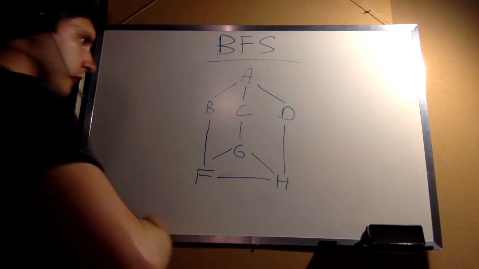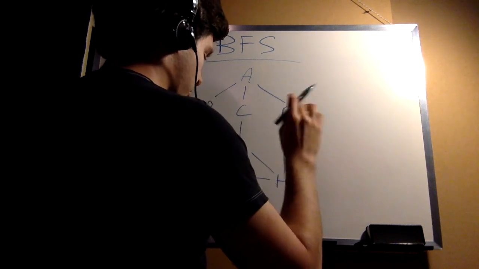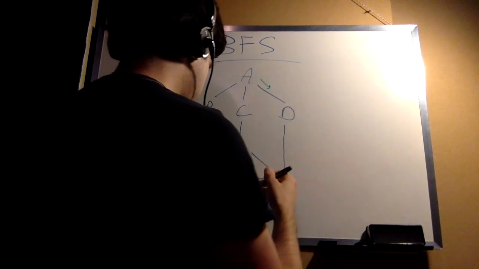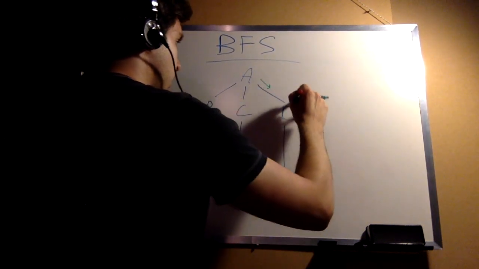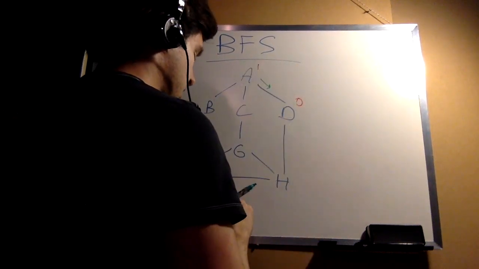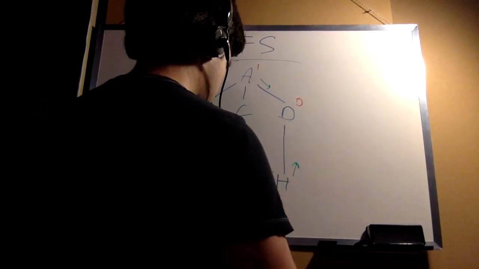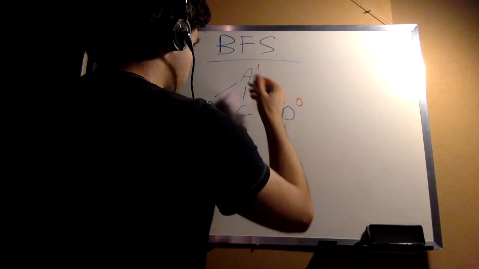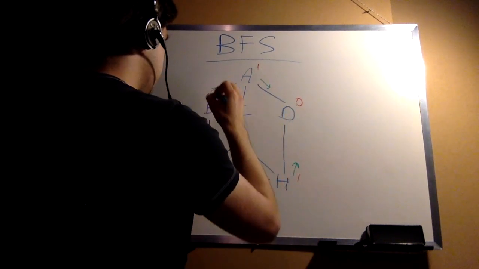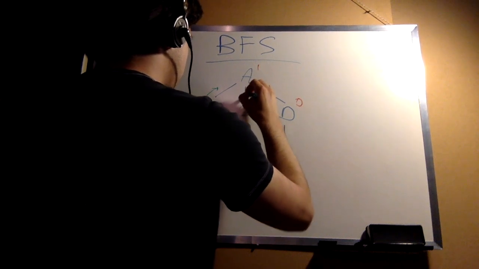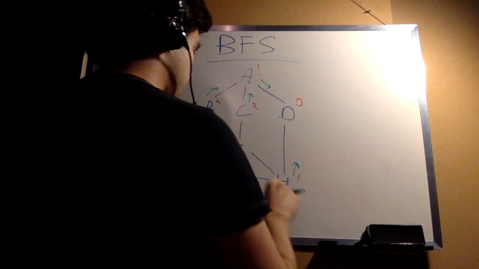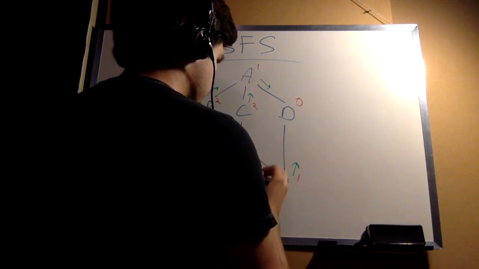Okay, so from D, we're going to explore, let's break ties by alphabet again this time, just to keep it simpler. So 0, 1, 1. Then we'll explore here. So B and C are both at 2. And then G and F are both at 2.